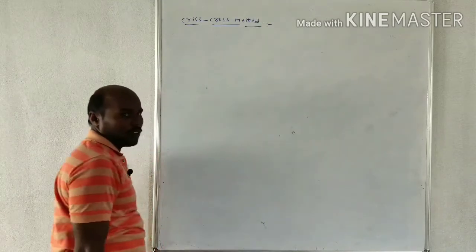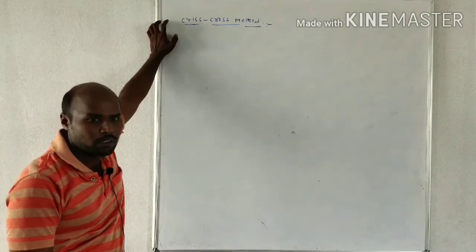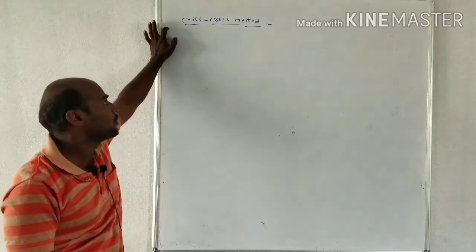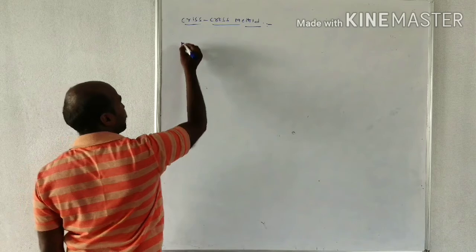How can we write down the compounds? By using the crisscross method, we can write down chemical formulas. How will we form chemical formulas by using the crisscross method?